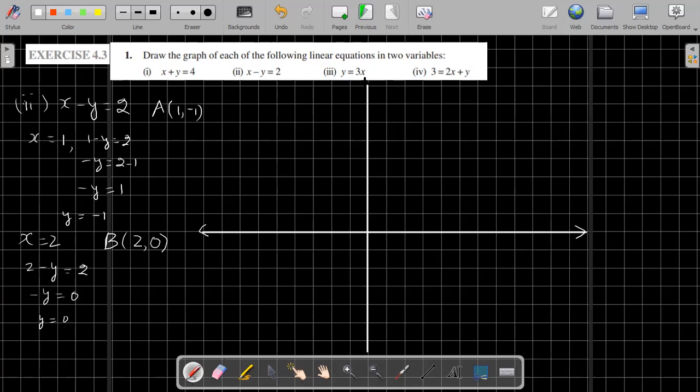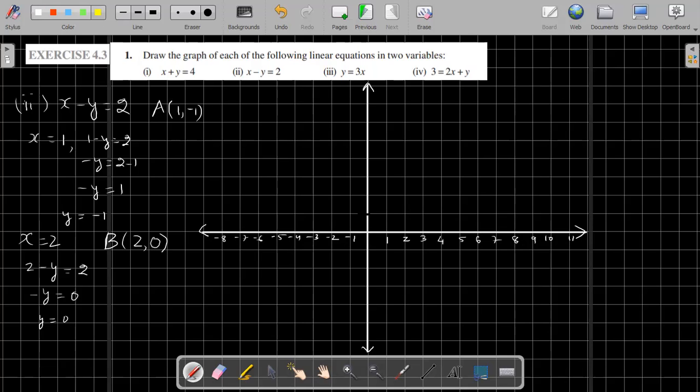Exactly the middle you should take, but somewhat different points you're getting, no problem. And the maximum value is 2 and 1, so it is easy to draw. So here, on the right-hand side, we are getting 1, 2, 3, 4, 5, 6, 7, 8, 9, 10, 11 also coming. On the left side, we are getting minus 1, minus 2, minus 3, minus 4, minus 5, minus 6, minus 7, minus 8.